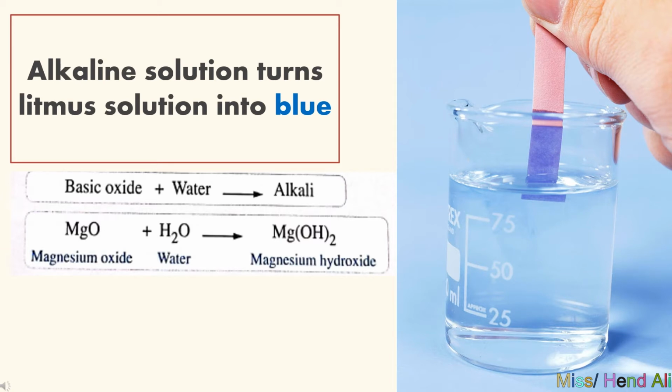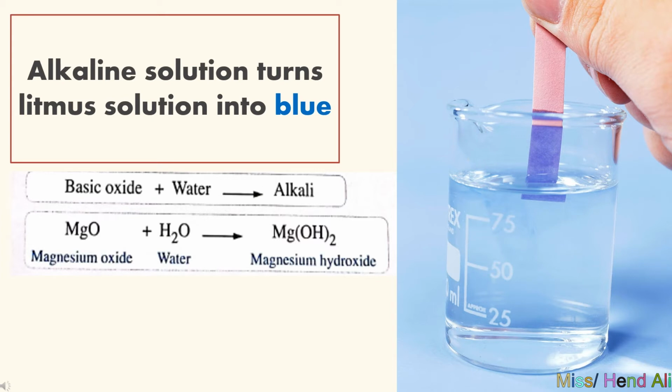We can use it as a paper or as a solution. In both cases, it will turn blue. So when we add basic oxide to water, it gives us alkali. MgO plus H2O gives Mg(OH)2. MgO is magnesium oxide. Mg(OH)2 is magnesium hydroxide.